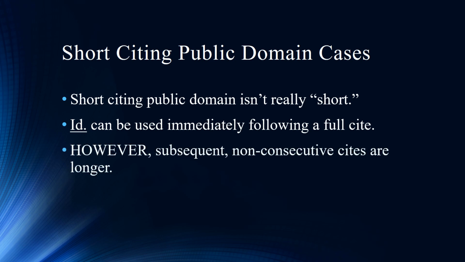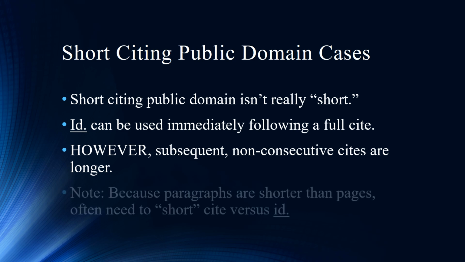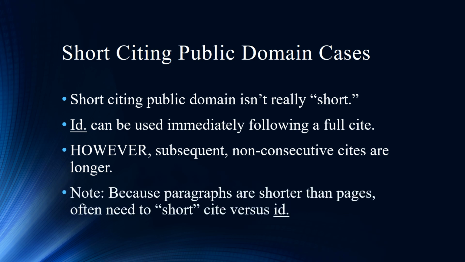This is because much of the public domain information needs to be retained. Additionally, as you will see in the next couple of slides, paragraphs are naturally shorter than pages. So you will often be required to change the paragraph number of what you were citing, even if you were citing information that is located shortly after what you had previously cited. Let's look at some examples.